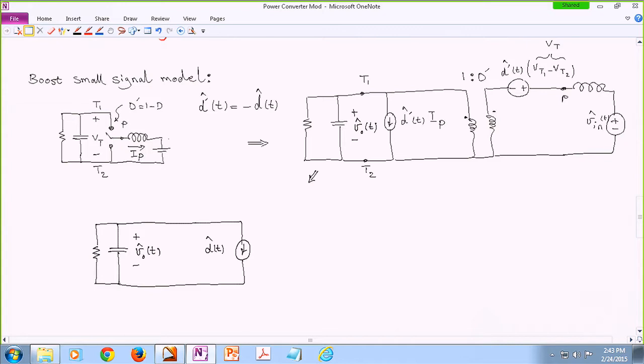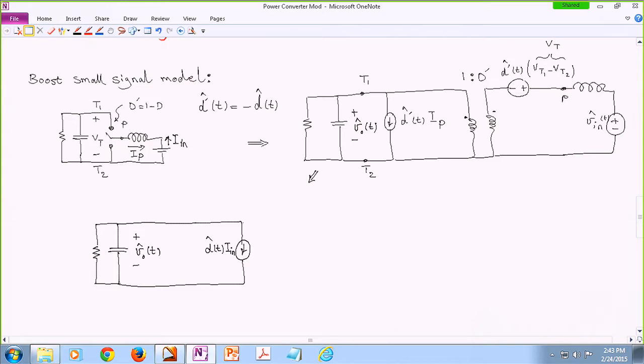IP is the opposite of the input current. So there's a negative sign involved. Also, D prime perturbed is the opposite of D perturbed. So there are two negative signs involved. I just get rid of both of them and write it in this form.